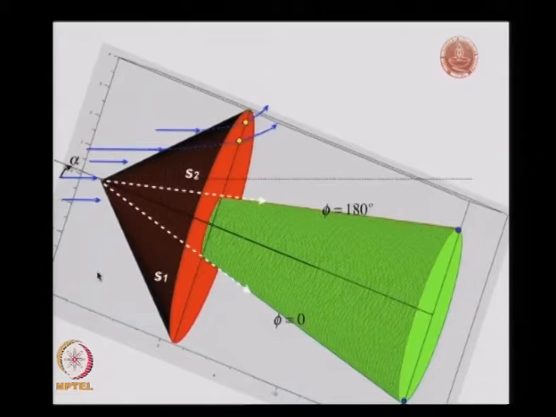Now what will happen is that the lower part of the cone here, the lower part of the shock structure over here, is facing the free stream. That is called the windward side. If you can think of a mountain and there is flow coming in, it's facing it directly.